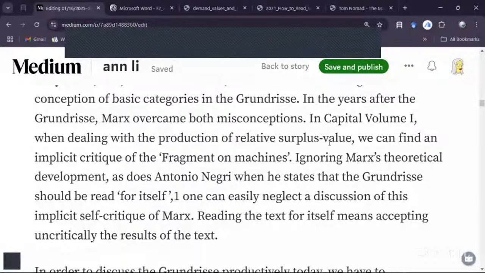One can easily neglect a discussion of this implicit self-critique of Marx. Reading the text for itself means accepting uncritically the results of the text. And it's a kind of retconning when you really think about it.